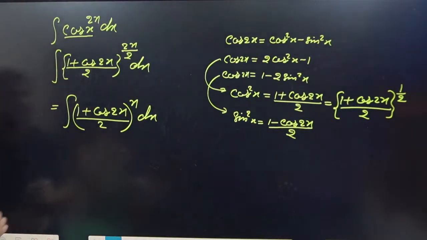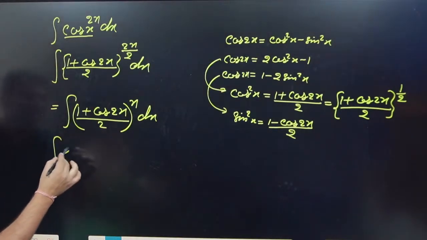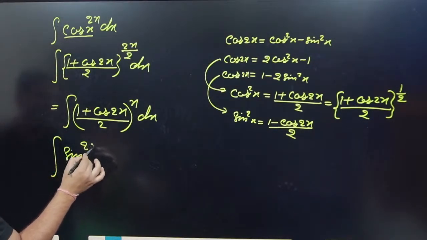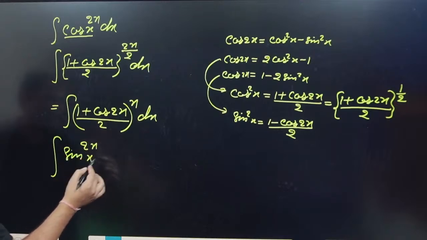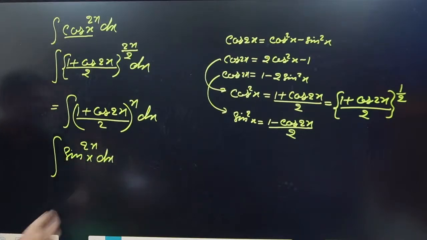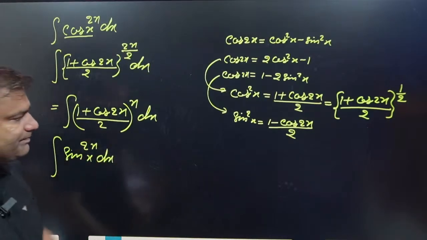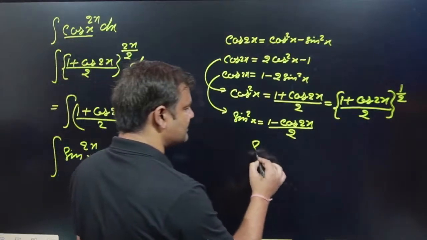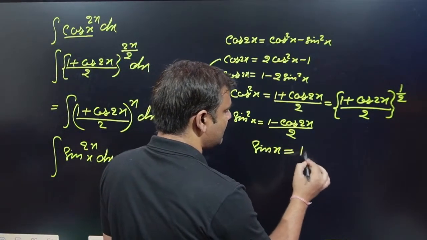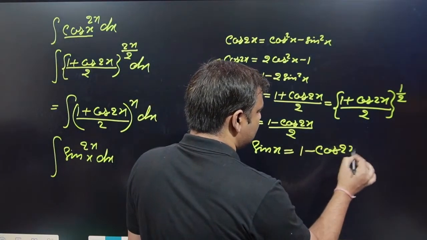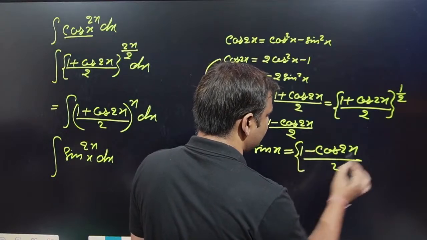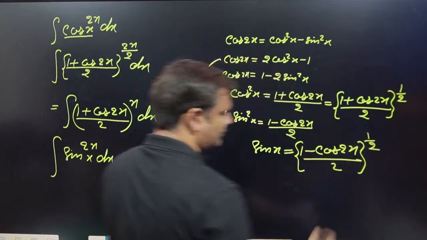Now another way, in terms of sine: sin x to power 2n dx is given, then how can we solve it? Simply sin x is replaced by 1 minus cos 2x divided by 2 to whole power 1 by 2.